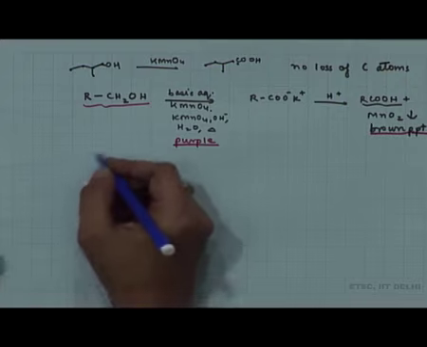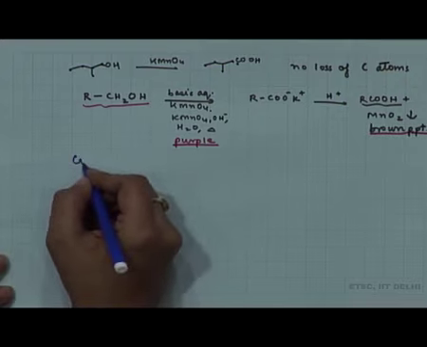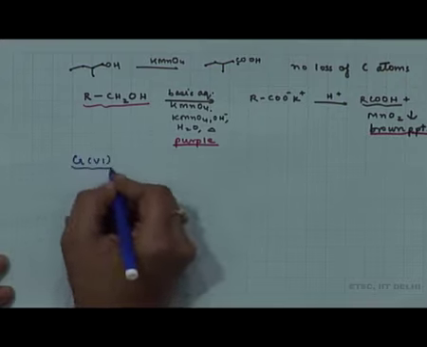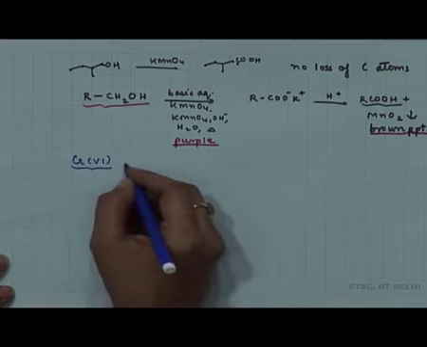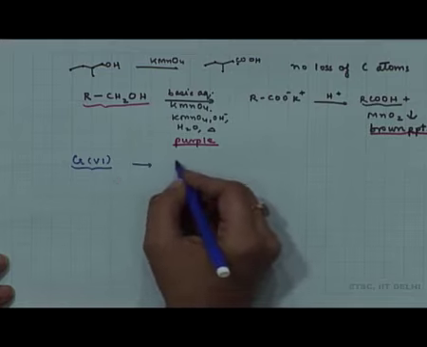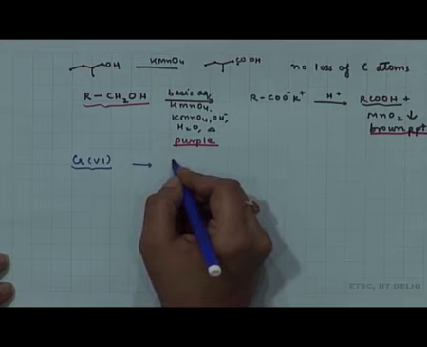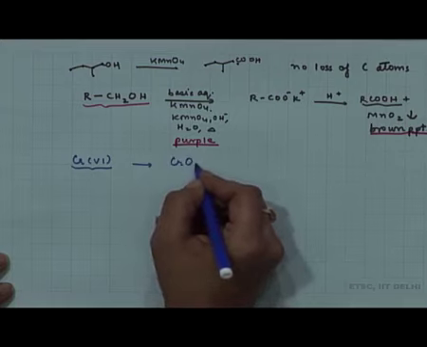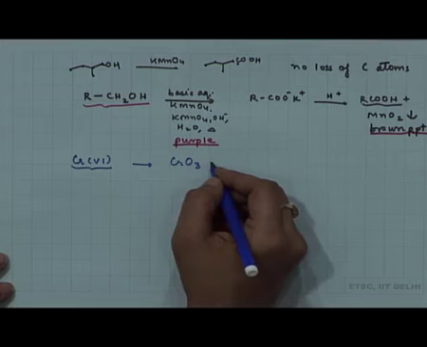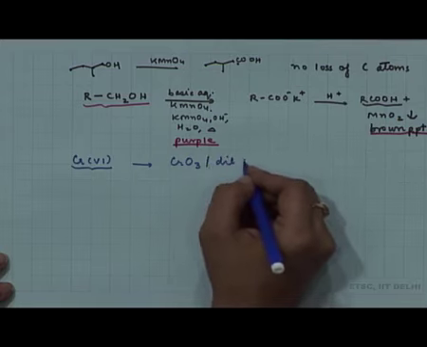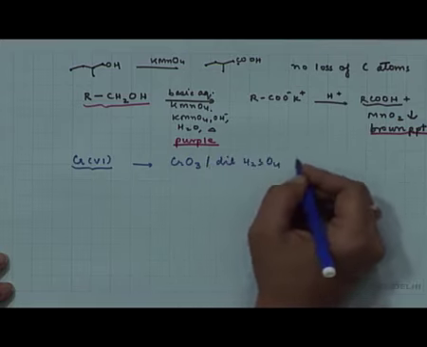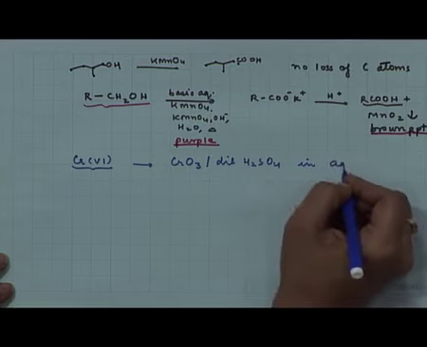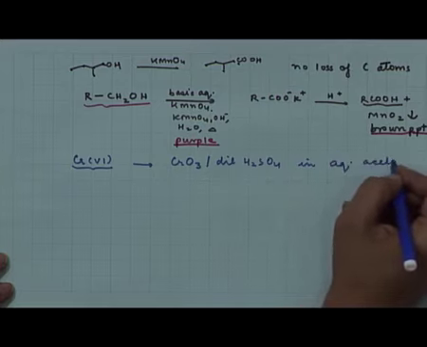The other important reagent in this series, as I said, is a chromium 6 reagent, and a chromium 6 reagent again can be used in different ways. The most popular and important ones are, we use chromium trioxide in dilute H2SO4, and this mixture is taken in aqueous acetone. Okay.